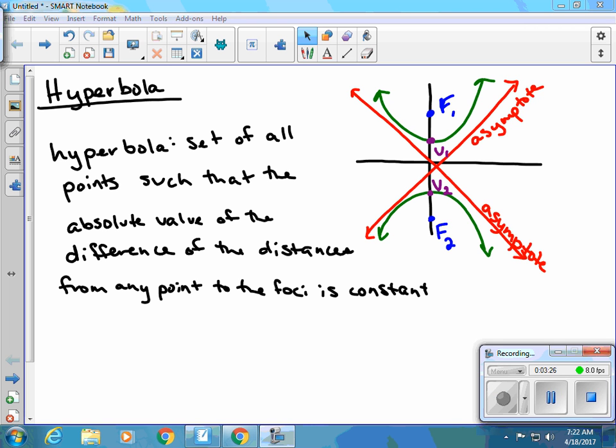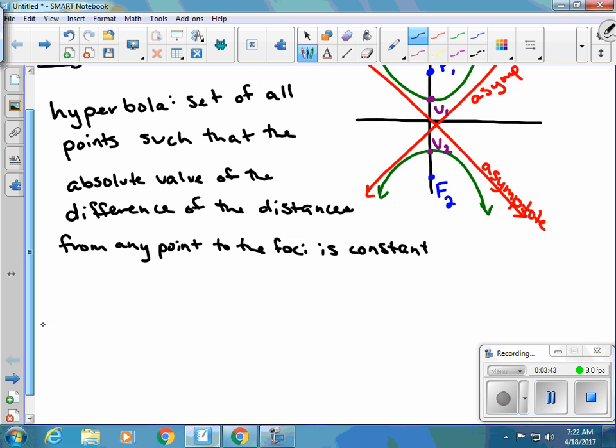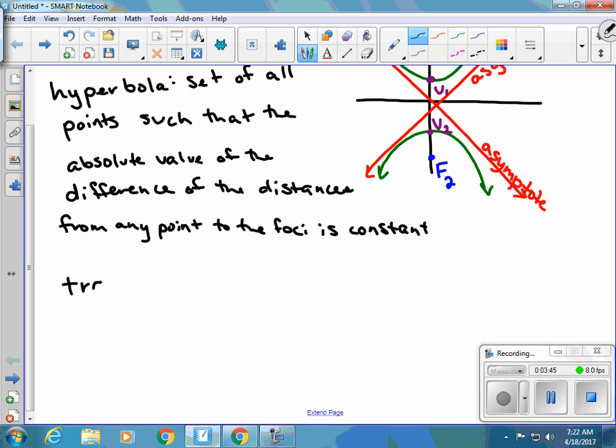So before we had talked about the horizontal major and a vertical major. It's a little bit different with the hyperbola. You have what is called the transverse and the conjugate. The transverse axis holds the vertex and the foci.